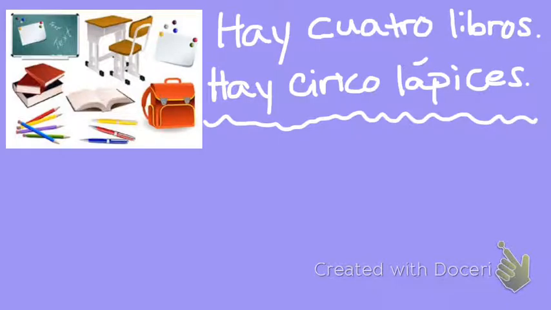Let's take the desk. Okay, so we're going to count the desk. Obviously, there's only 1. So we're going to start out with our hay, because remember, it can be both plural and singular. There is or there are. So there's hay. And we know that it's going to be pupitre.